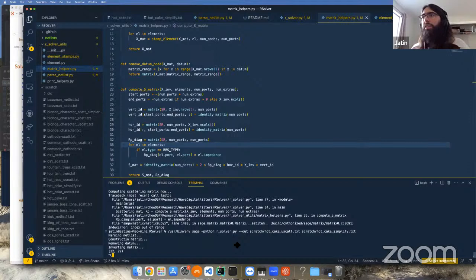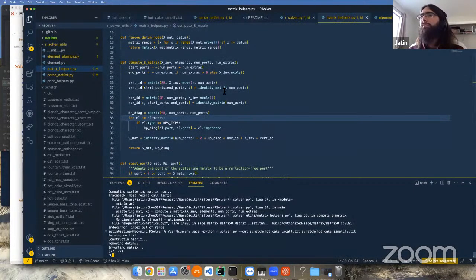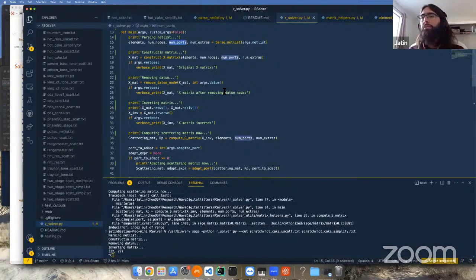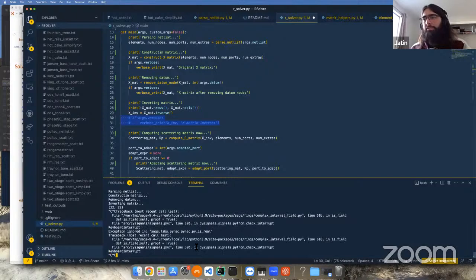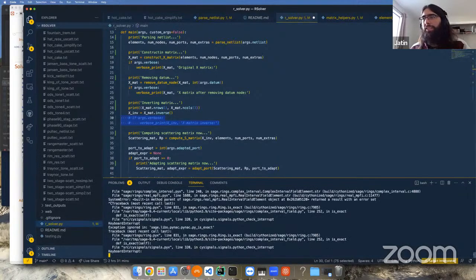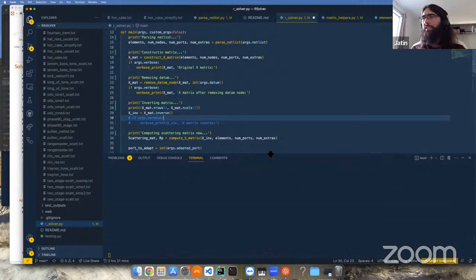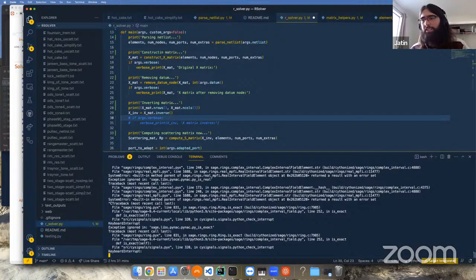Maybe this wasn't the smartest approach. It seems like it's giving me the wrong matrix shapes. Yeah, let me try this again, see if it'll finish up here. So I'm going to run it in verbose mode again, but I'm not going to print the X matrix inverse this time, since that's part of what took forever last time.